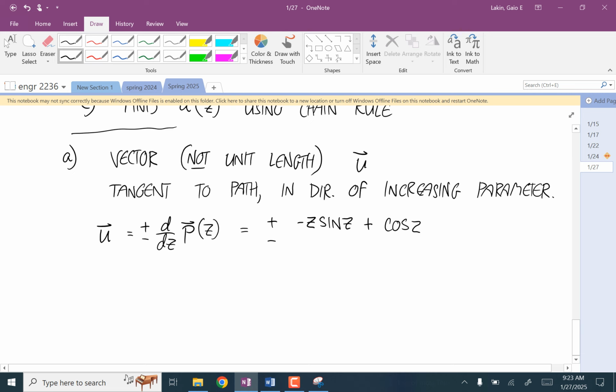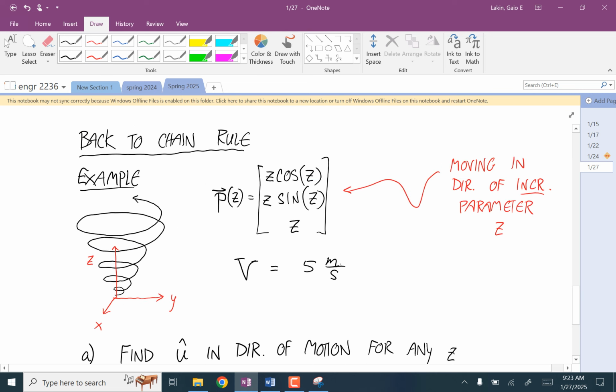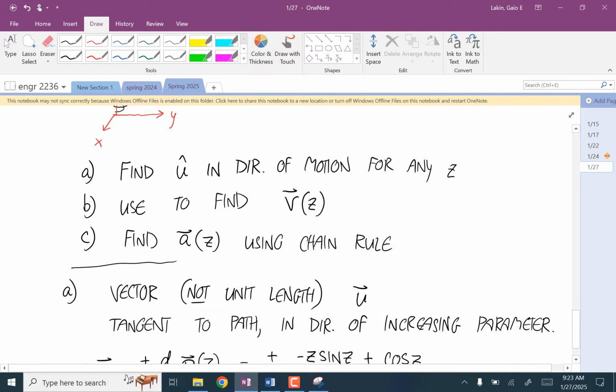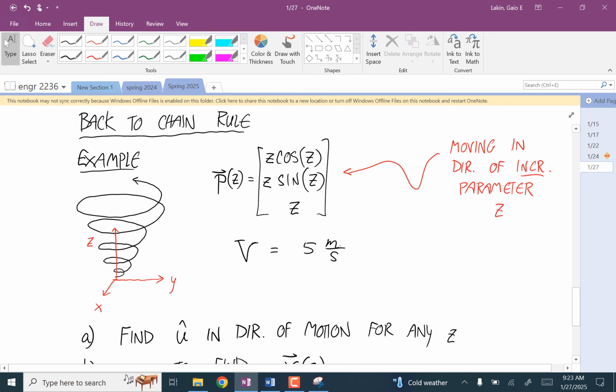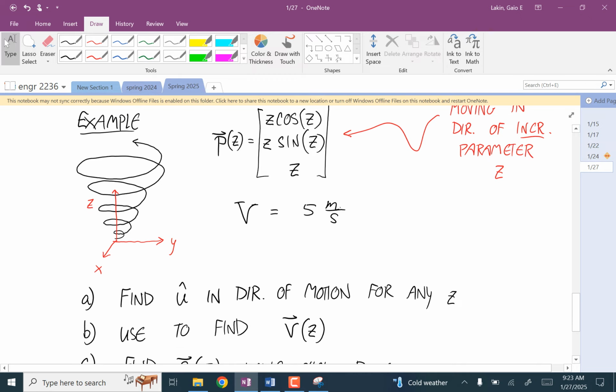Perfect. And then for y, we're going to do a similar thing. We have z cosine z plus sine z. And then what's the derivative of the z component with respect to z? 1.